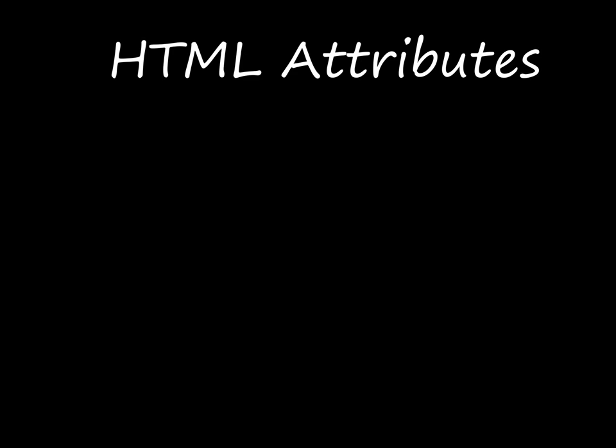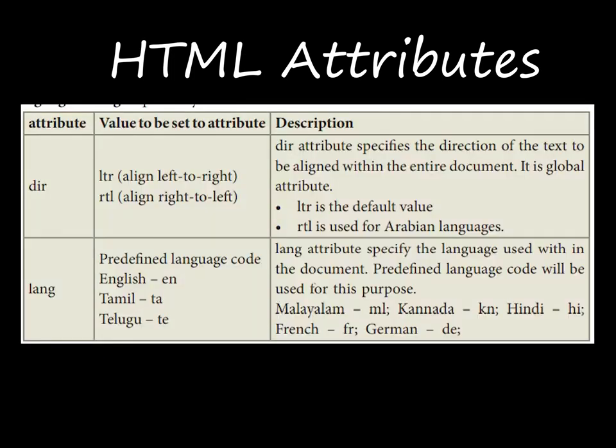Attributes of HTML tags are dir. It has two attributes, dir and lang. That is, dir is the direction and lang is the language, right? This HTML tag is used to specify the beginning and closing of the HTML document, right? This tag will not have any effect on the appearance of the document.